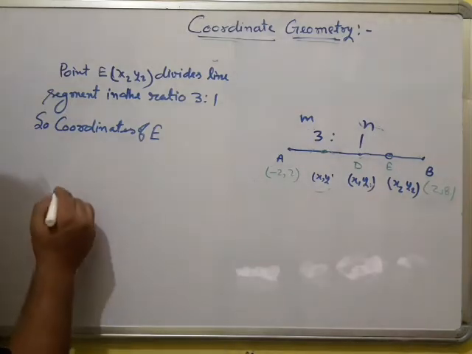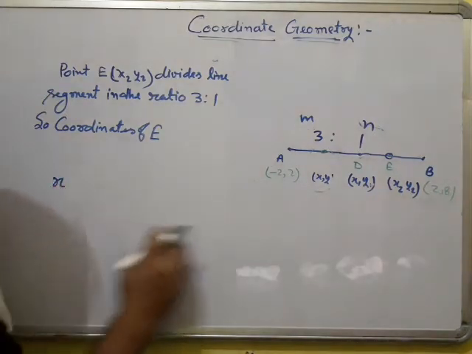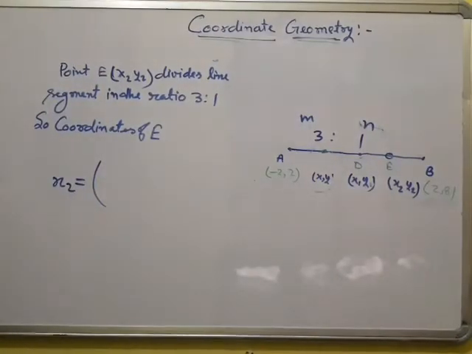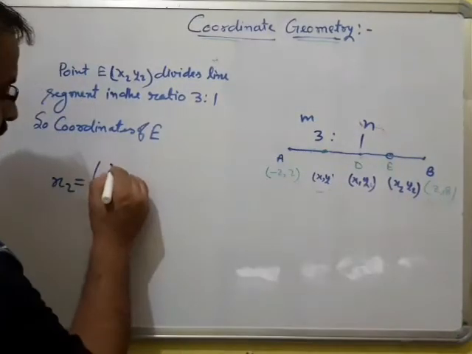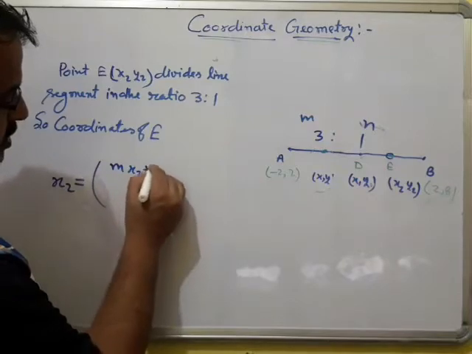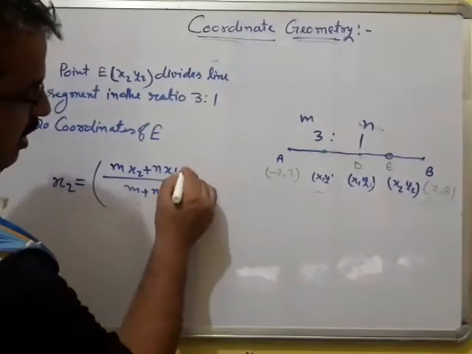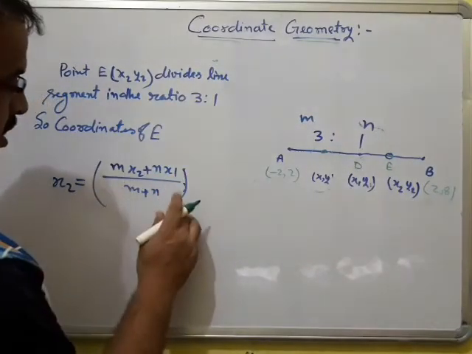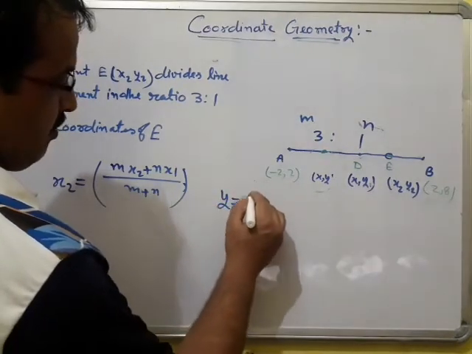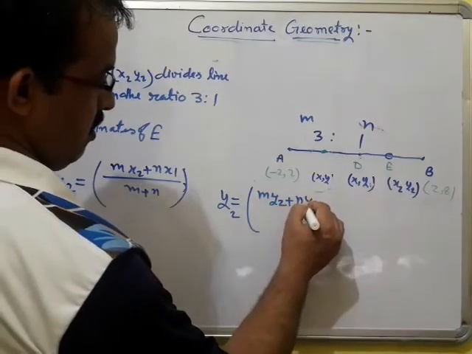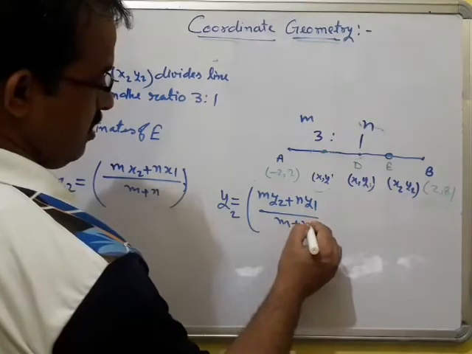So here x2 is equal to, right here, m x2 plus n x1 by m plus n, and y2 is m y2 plus n y1 by m plus n.